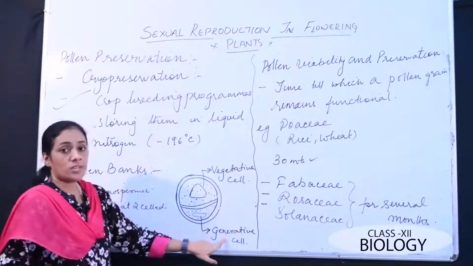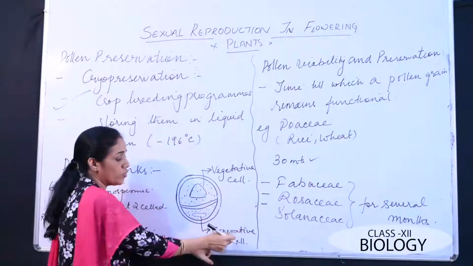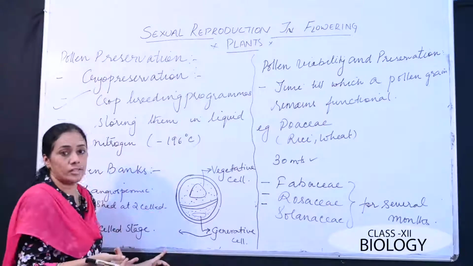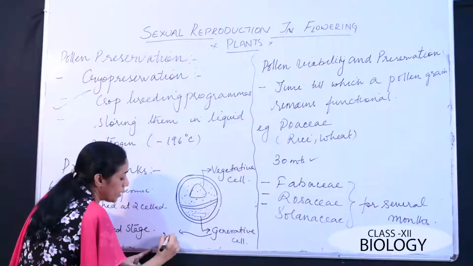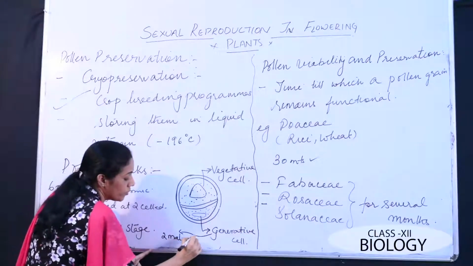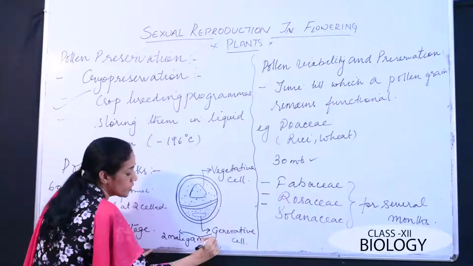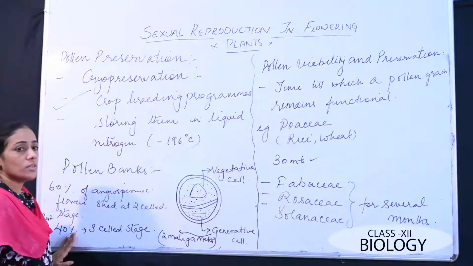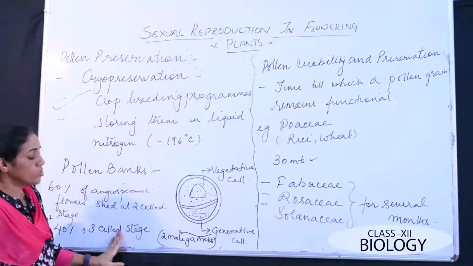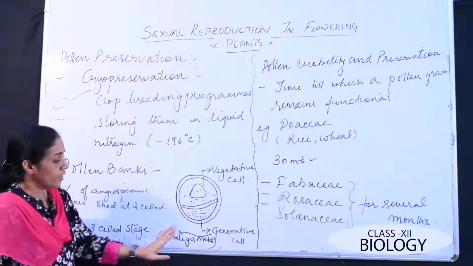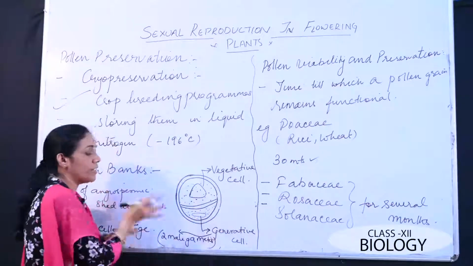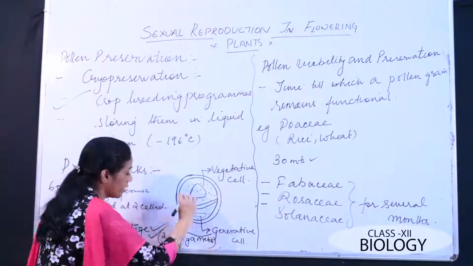Finally, this generative cell, now this is one and this is the second one, will again divide into 2 male gametes. This is the 3-cell stage. So in the rest 40%, the pollen grains are shed at the 3-cell stage, that is a vegetative cell and a generative cell which further divided into the 2 male gametes.